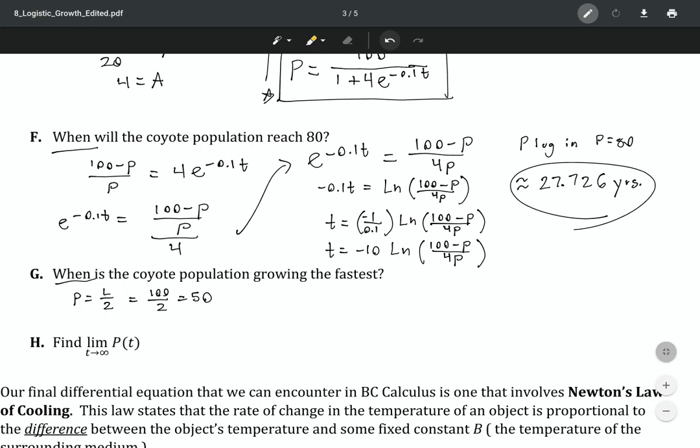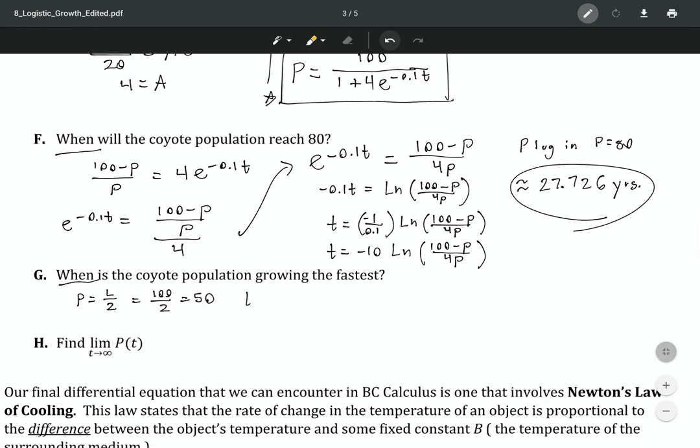So I'm going to use exactly the same formula I came up with over here, but instead of writing p, I'm going to write 50 over 4 times 50, like that. I'm sure you can simplify that further than what I did, but I don't feel like it. If you want to do it, you do it. So this is 13.863 years.